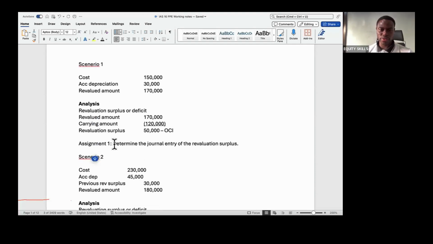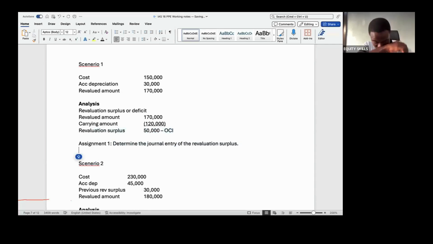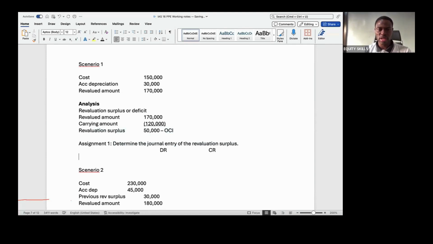I said assignment 1, determine the journal entry of the revaluation surplus here. So we had the revaluation surplus of 50,000, and this is the journal entry. Let's say this is debit, let's say this is credit.